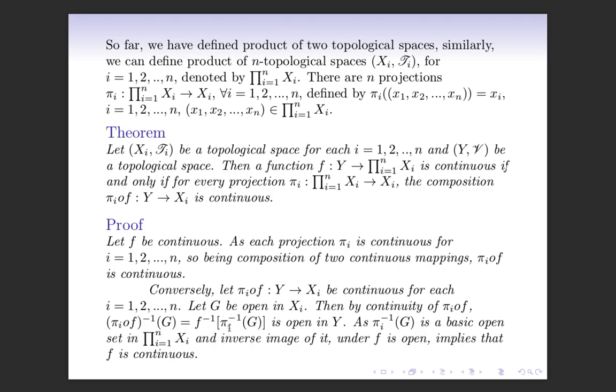This is open, and the inverse image of this open set under f is open in Y. So the inverse image of any open set is open in Y under f, and we can say that f is continuous.